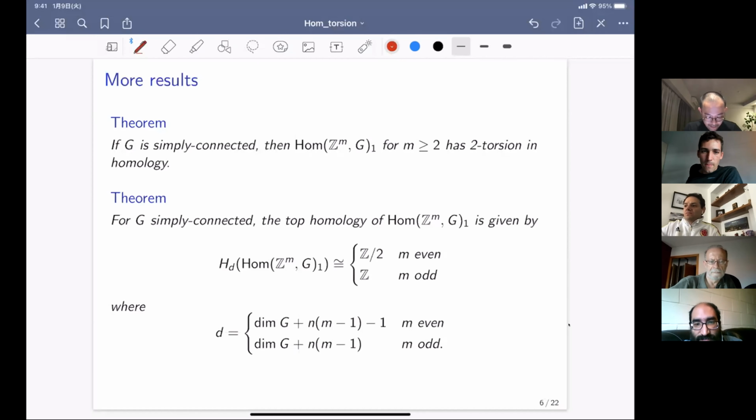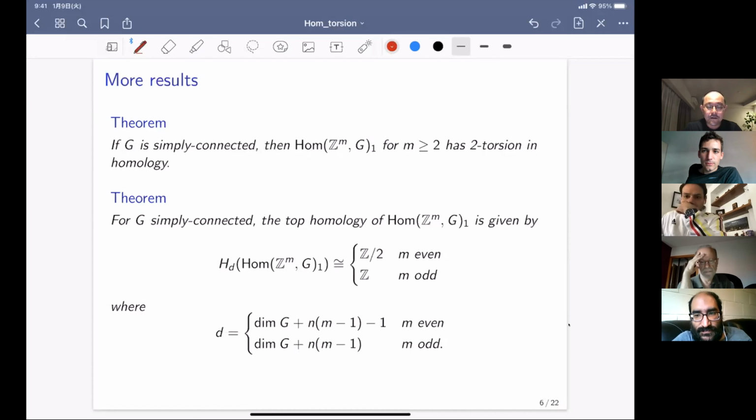And the second result is this. If G is simply connected, then we can determine the top homology of Hom(Z^m, G)_1. And it's given like this. The top homology of Hom(Z^m, G)_1 is Z mod 2 if m is even, and Z if m is odd.